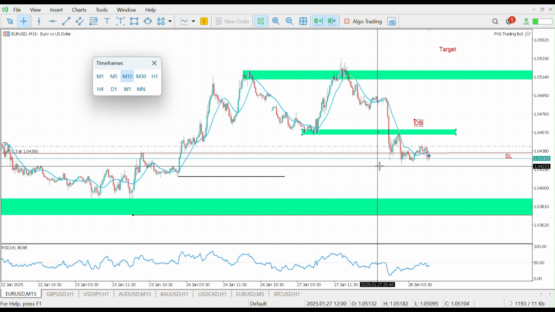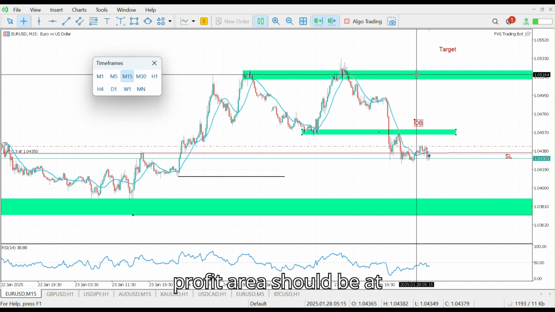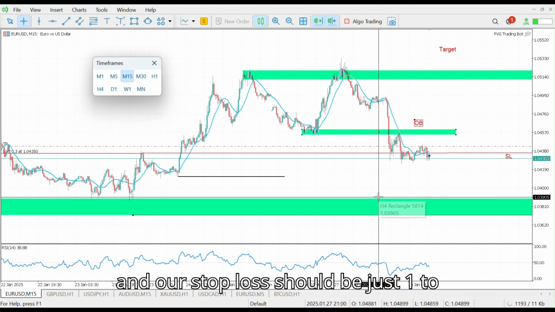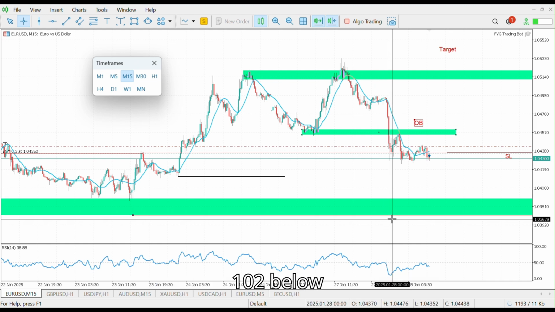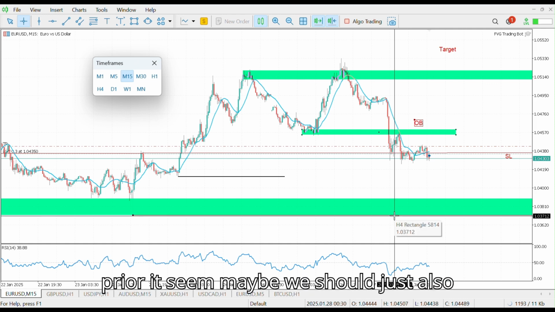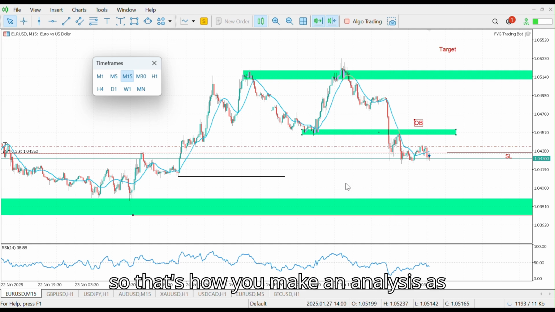Now our take profit area should be at 1.05197, and our stop loss should be just one or two pips below 1.037. Now we're reaching those also, 2 to 1. So that's how you make analysis, as simple as that.